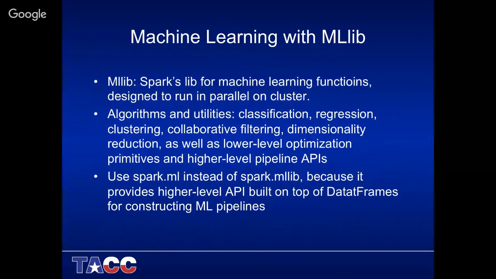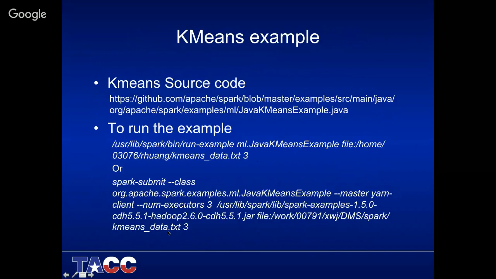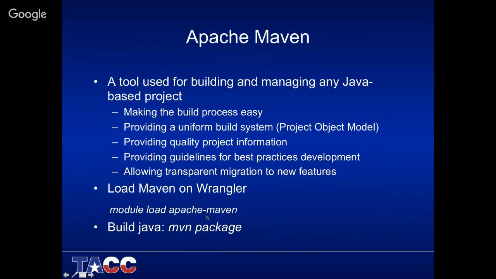For the machine learning libraries, you can try those examples. Apache Maven is a tool to build Java using the project object model. To build Java code, you just use the mvn package command. To load the module, use module load Apache Maven.